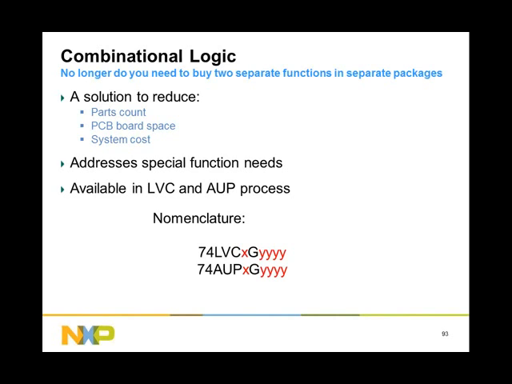And just to go over the nomenclature again, the LVC and AUP is the family, and then the X is the number of gates that are in the package, and then the Y is the type of function. So if you're using a buffer, it will be an 04. If you're using an AND gate, it would be an 08. So you could make an 0408. So 2G0408 would give you a buffer and an AND gate in the same package.